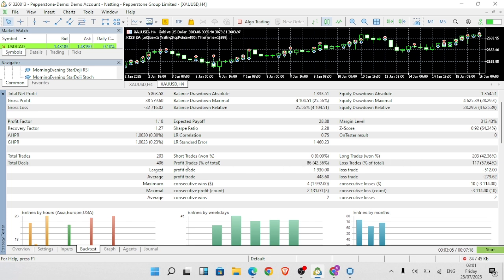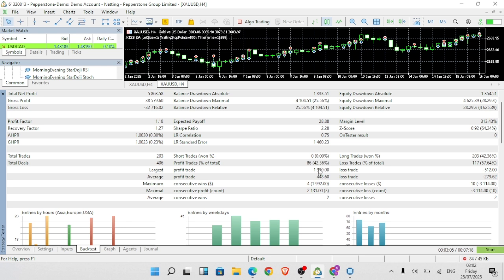The profitable trades were 86, which is 42.36%, and the losing trades were 117, which is 57.64%. You can see even with a win rate of 42.36%, we still grew the account by 58 point something percent.